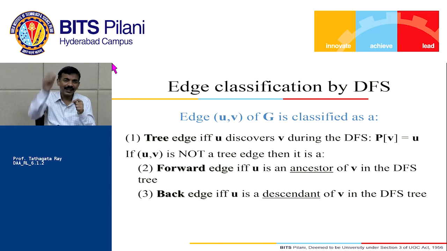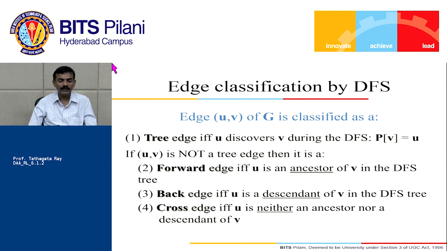Similarly, we have a back edge if and only if u is a descendant of v. So if v is an ancestor, u is a descendant, and you have an edge uv, then that's called a back edge. And what is a cross edge? A cross edge is if and only if u is neither an ancestor nor a descendant of v.